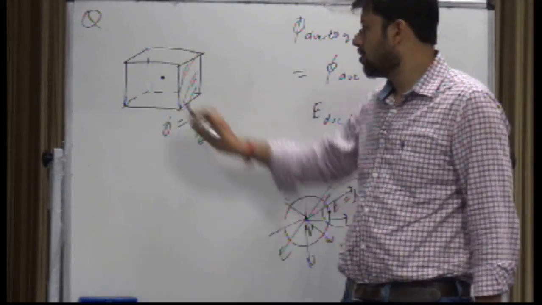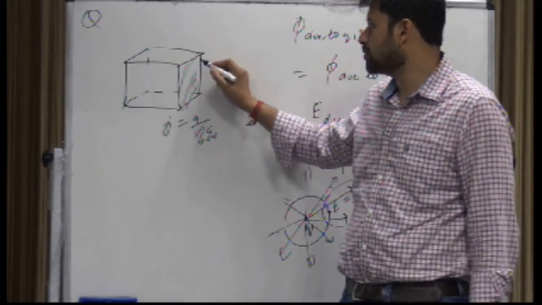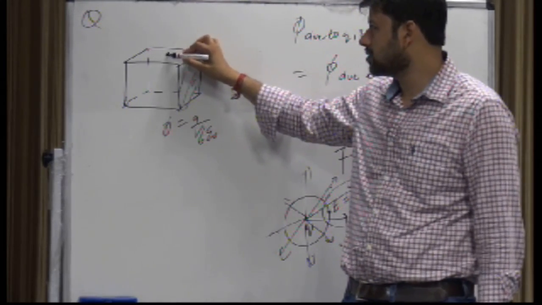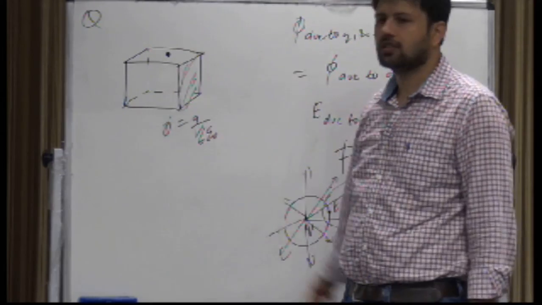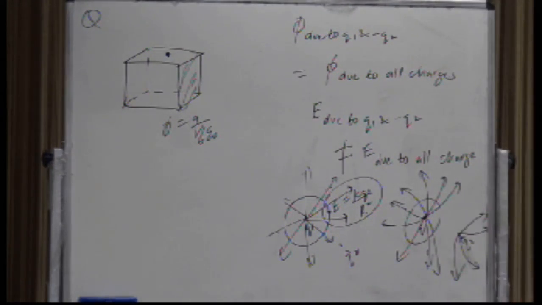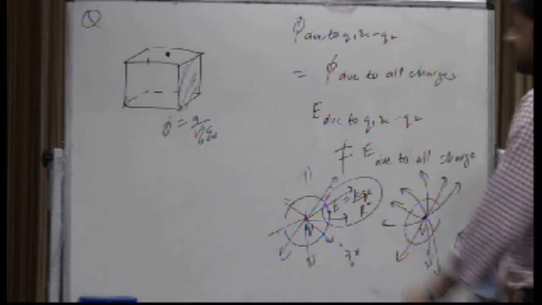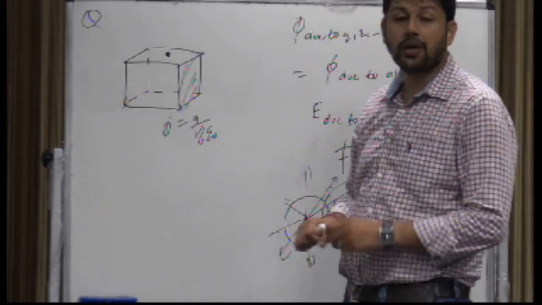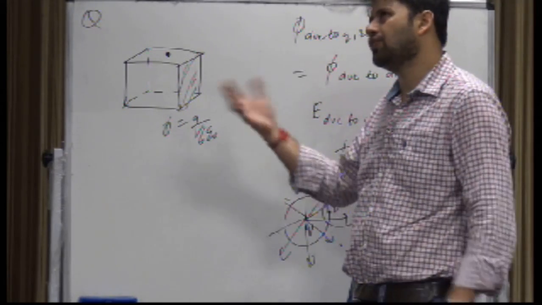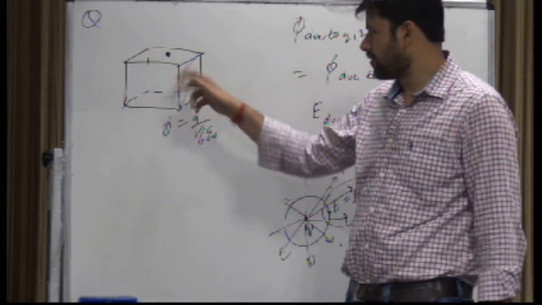What if this charge is placed at the face center? Small charge. Have you studied solid state in chemistry? We started. So it would be q by 12. Achha, q by 2 would be for half.